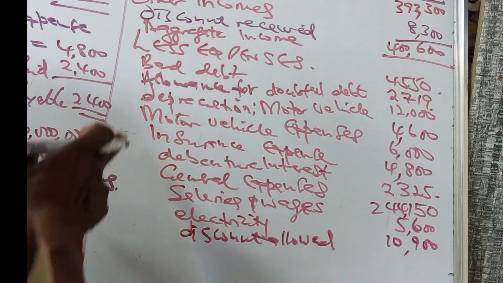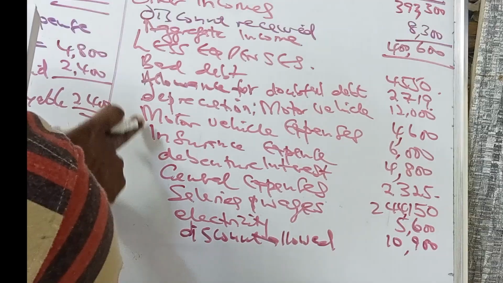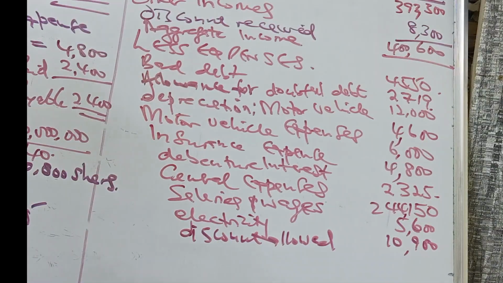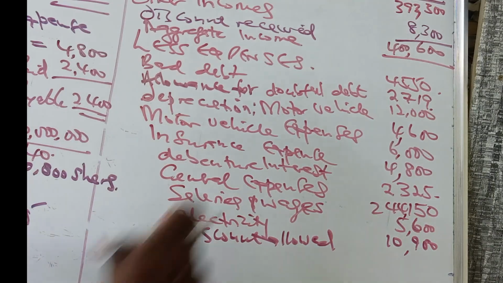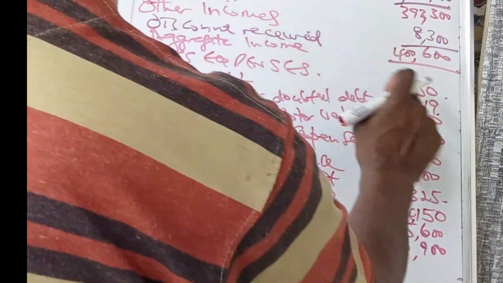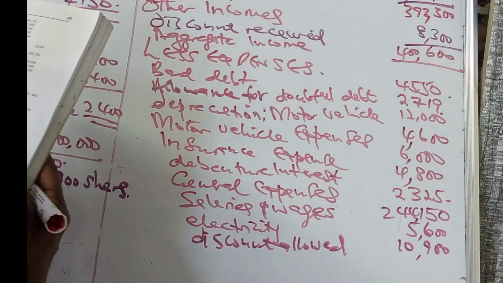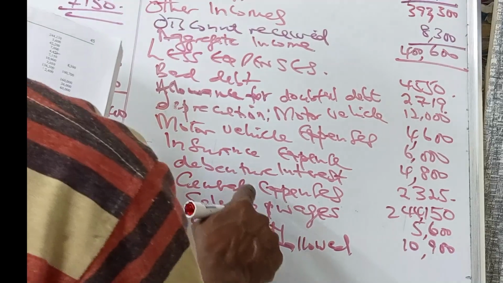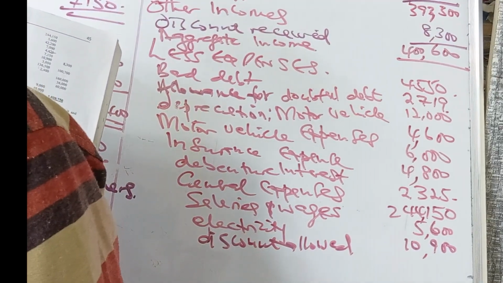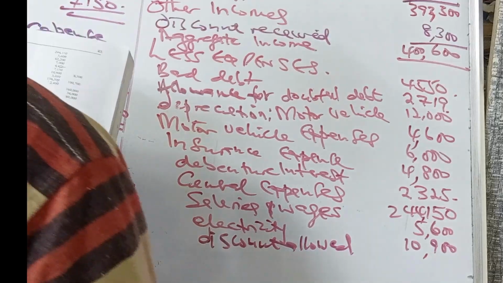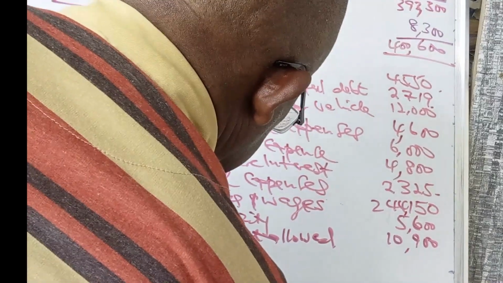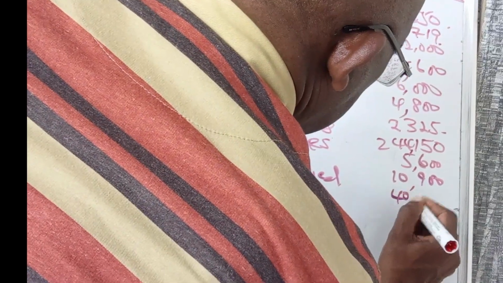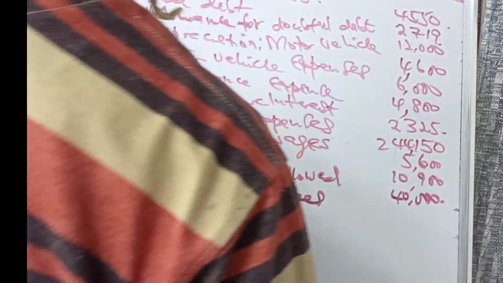Bad debts written off. We should have captured it because it's one of the adjustments. Yes, 4550, we have actually captured it. Accounts receivable, debenture interest, we have captured. Ordinary share premiums. So director's fee 40,000.